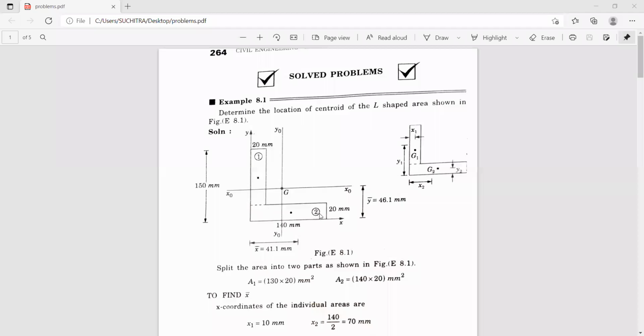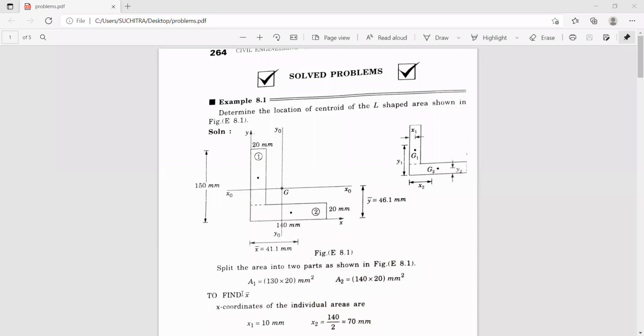Then you divide the figure into two parts, part 1 and part 2. Then you calculate the areas A1 and A2, that is 130 into 20 and 140 into 20. So A1 works out to 2600 millimeters square and A2 works out to 2800 millimeters square.